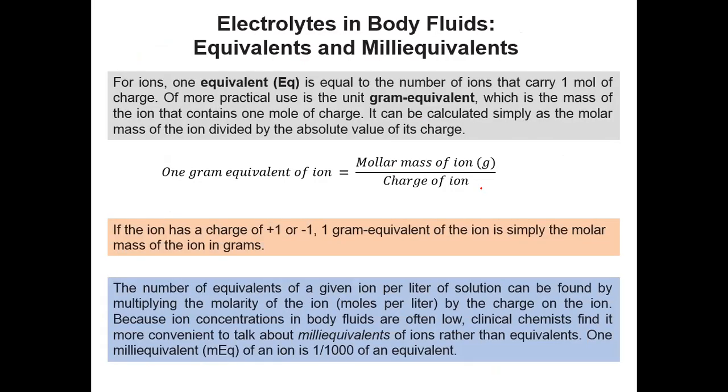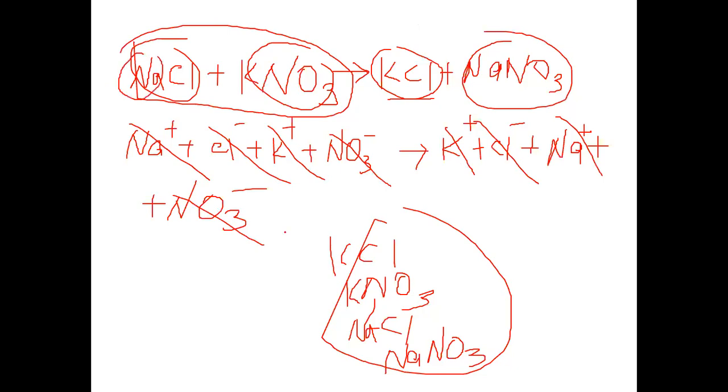So simply, an equivalent is equal to the number of ions that carry 1 mole of charge. So what does it mean? For example, if we have this mixture of ions, and we know that we have 1 mole of sodium ion, we don't know how much is sodium chloride or sodium nitrate, but we know that we have sodium in there. So if I go back, we definitely know that we have this sodium, for example here and here.